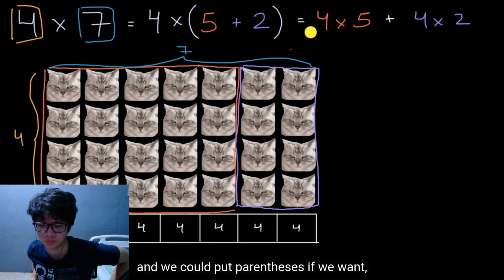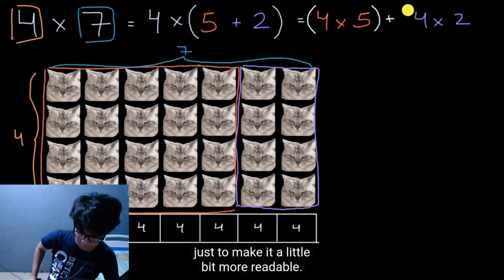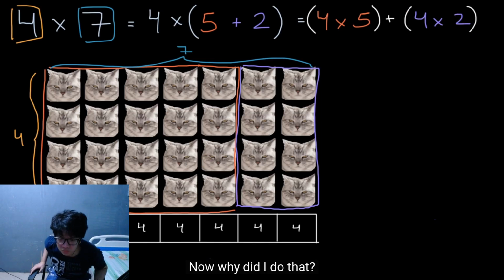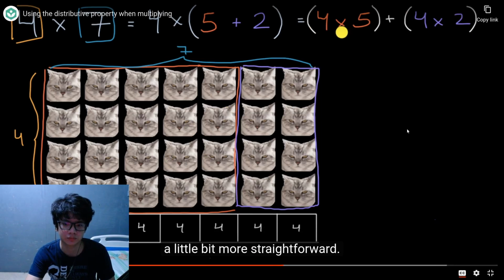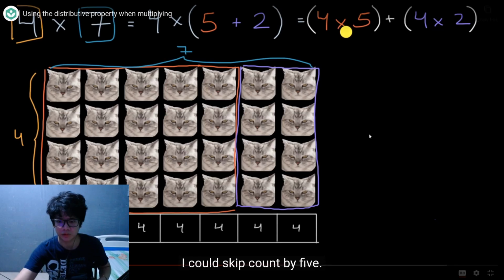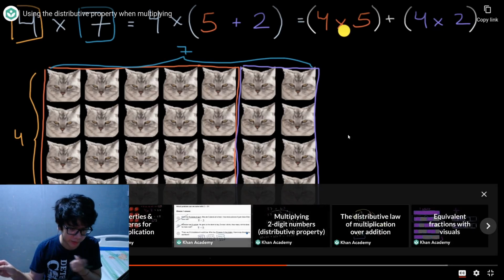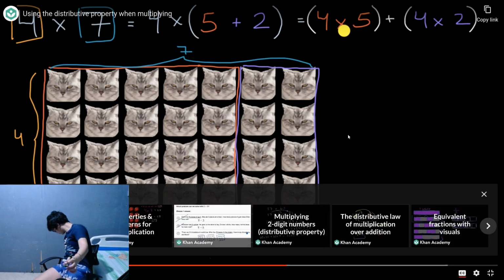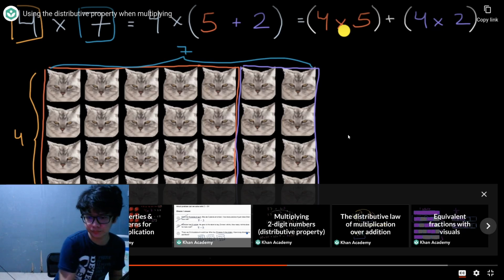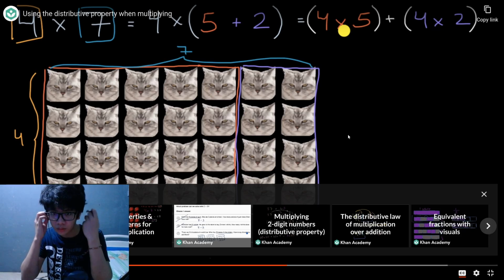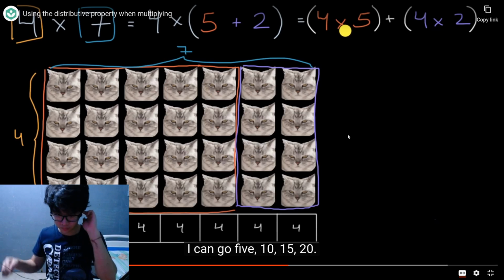And we could put parentheses if we want, just to make it a little bit more readable. Now, why did I do that? Well, some folks might find 4 times 5 a little bit more straightforward. I could skip count by 5: 5, 10, 15, 20.